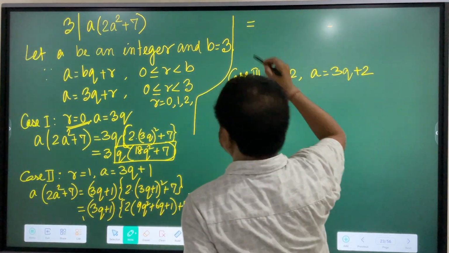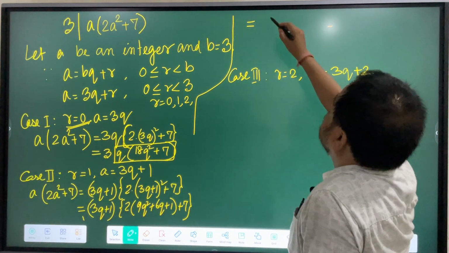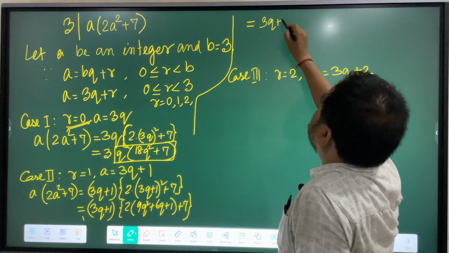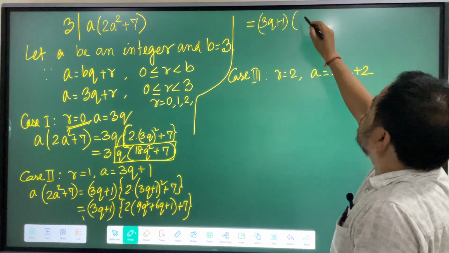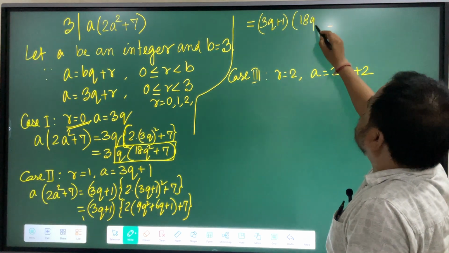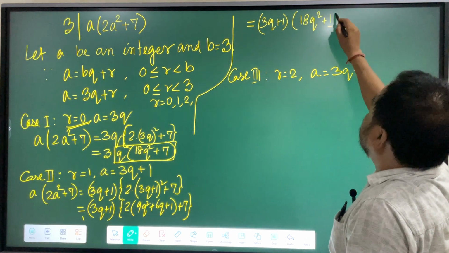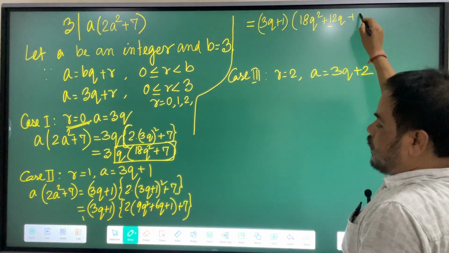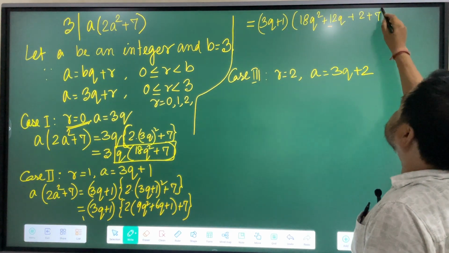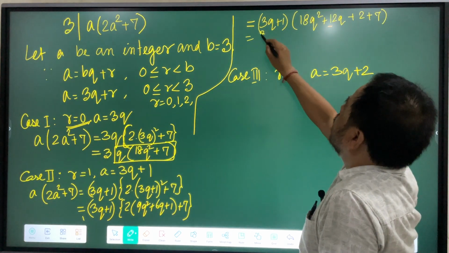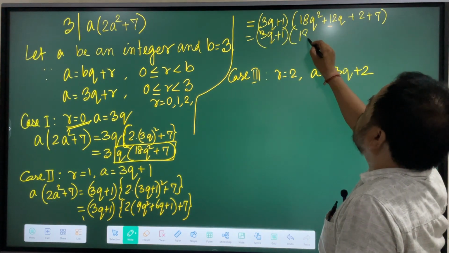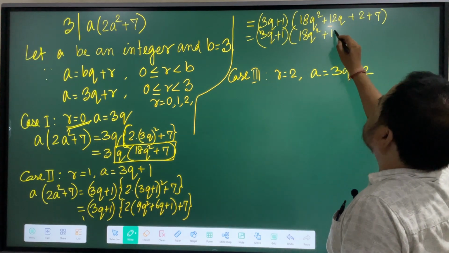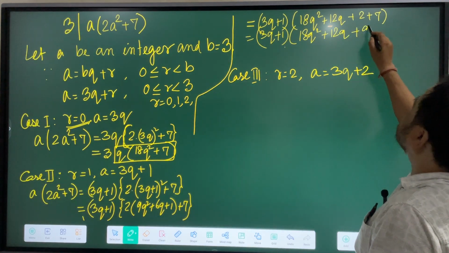Next, equals 3q plus 1 into 2 nines, 18q square plus 12q plus 2 plus 7. So 3q plus 1 into 18q square plus 12q plus 9.